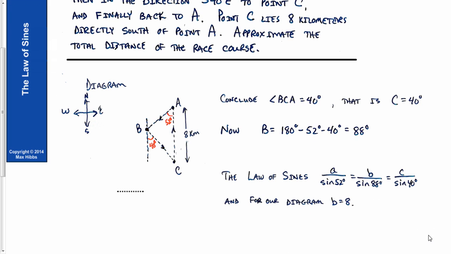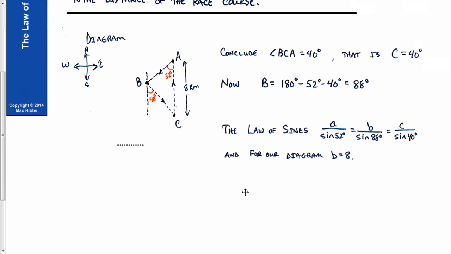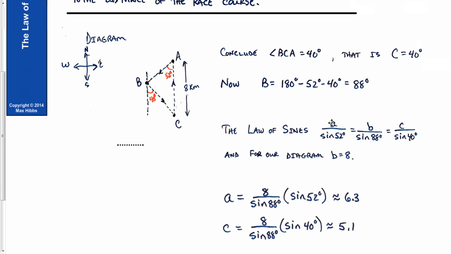Now, the law of sines is appropriate. We know all three angles and we know one side, and so we can use this one side and the left part to calculate side A, and we can use the right part to calculate side C. So A is sine of 52 degrees times 8 over the sine of 88 degrees.